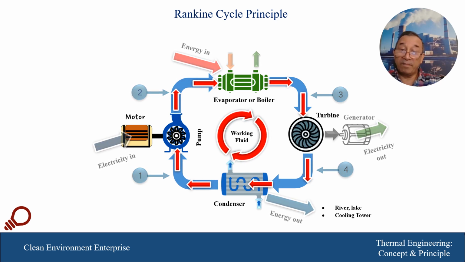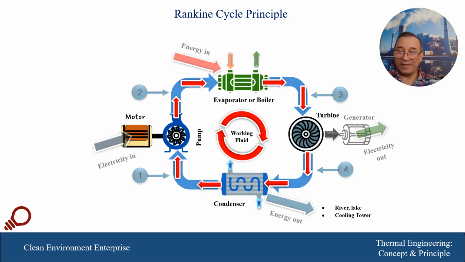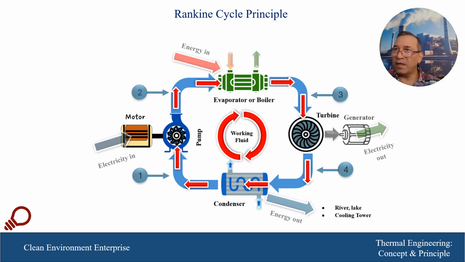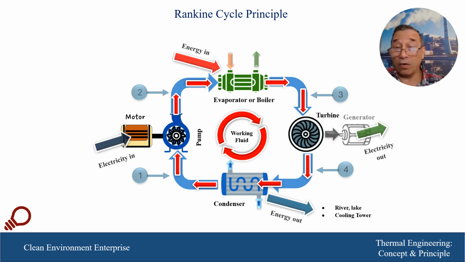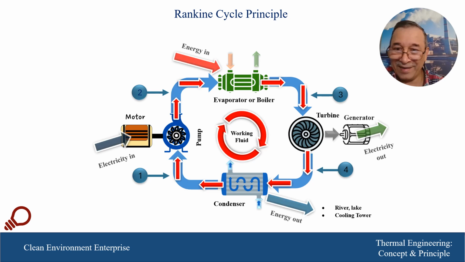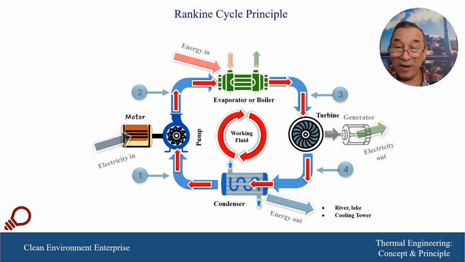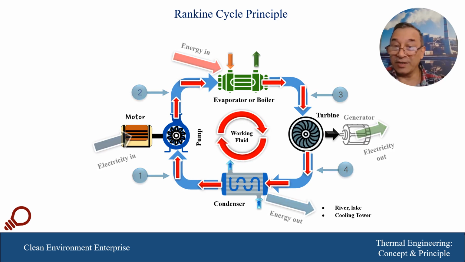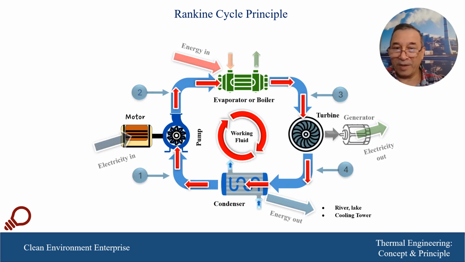And the fluid passes through a condenser. In the condenser, a condensation process occurs. Usually we may use water for cooling, and that water comes from a river or lake, or even from a cooling tower or geothermal reservoir. We can discharge energy to the ground, or even for technical use before discharging to the river, or maybe for agriculture purposes.